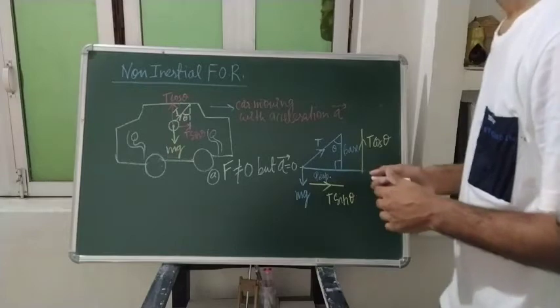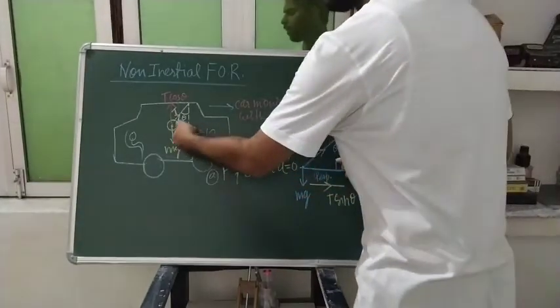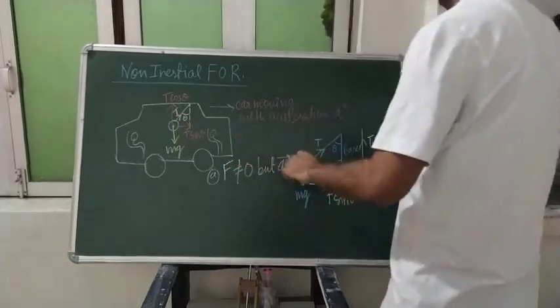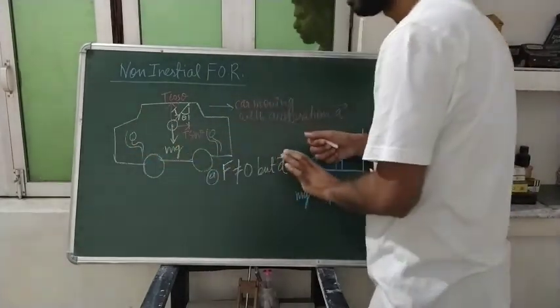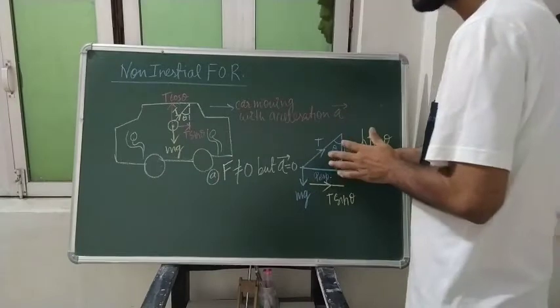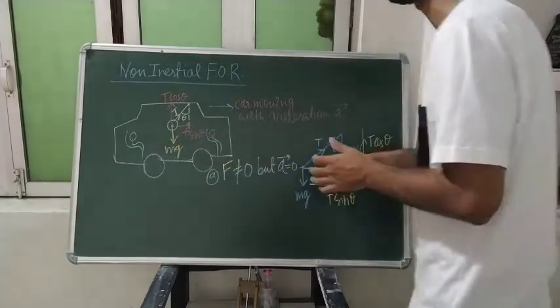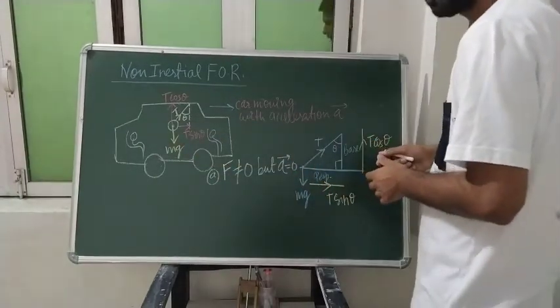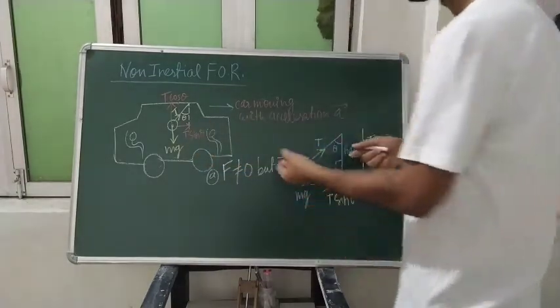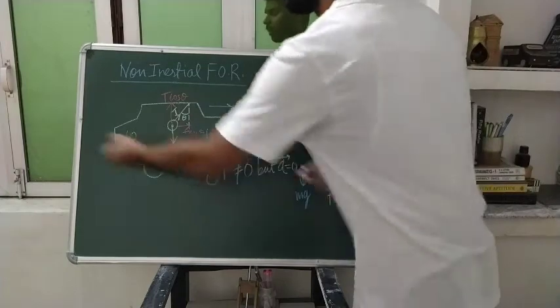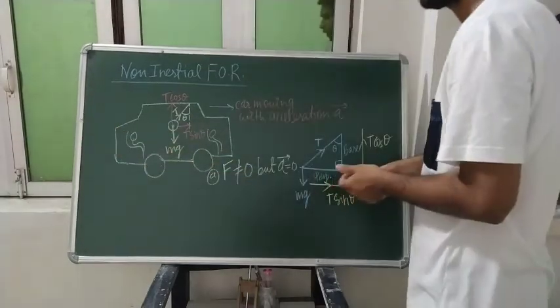So we can think that T sine theta is acting here, so we can apply some force in this direction to make this T sine theta 0. A force is acting here, T sine theta, so we can think to make it 0 by applying some force in that other direction.